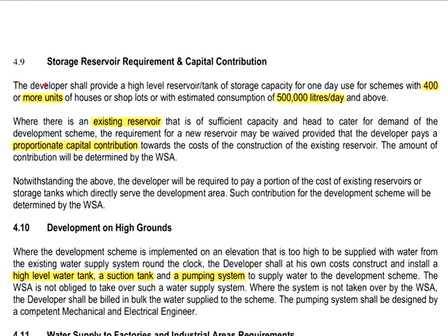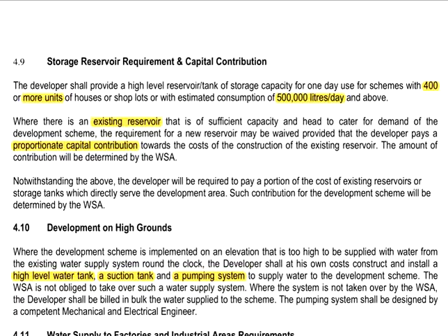Next, we talk about the storage reservoir. For a development project with more than 400 units of houses or shop lots, or with estimated consumption of 500,000 liters per day and above, a storage reservoir shall be required.